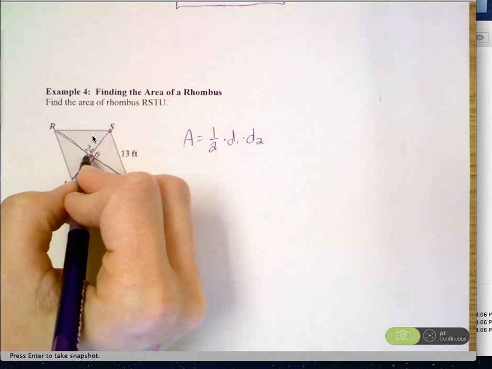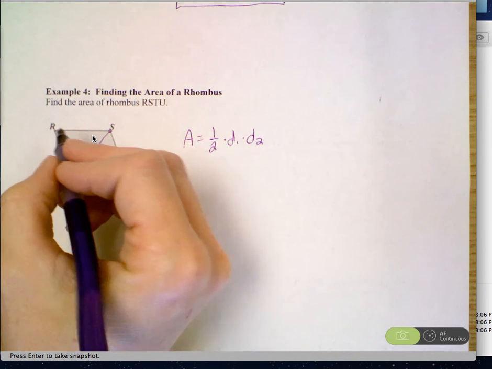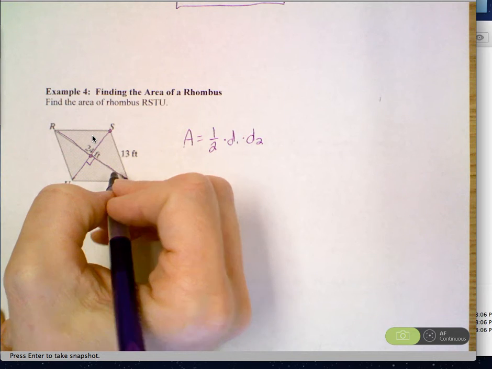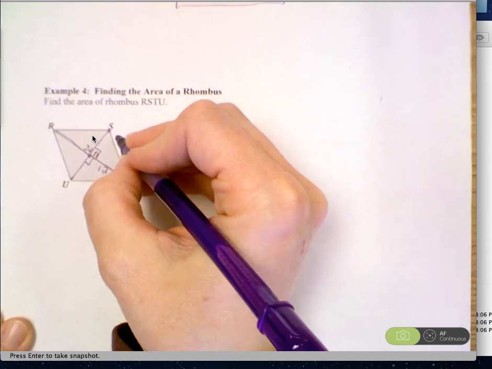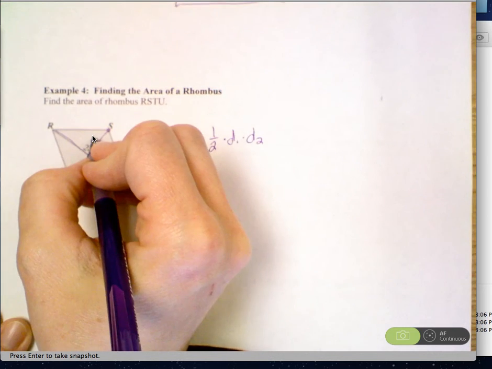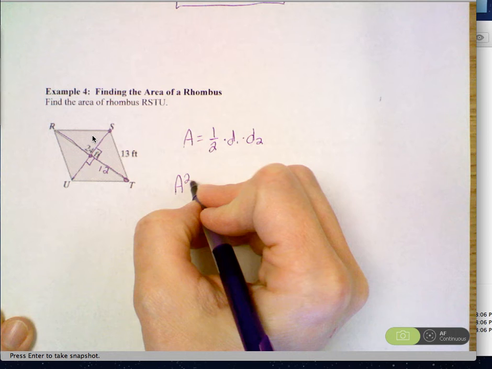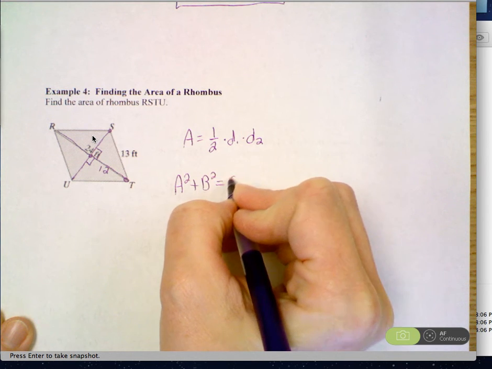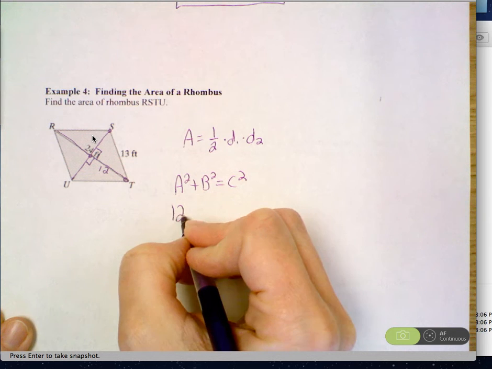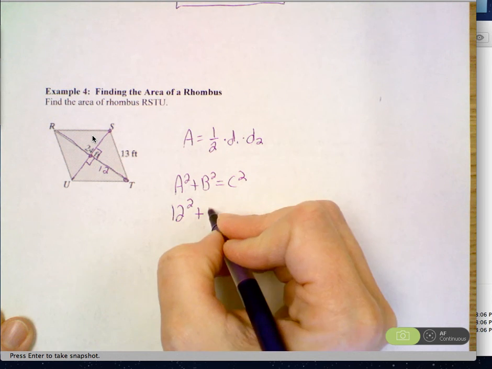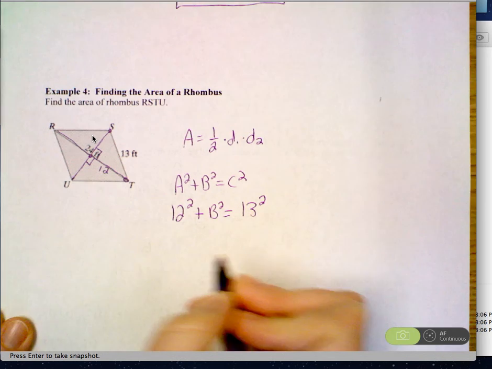We know that, since it's a parallelogram, the diagonals bisect each other. So since RT is 24, we know half of that is 12. We know the hypotenuse is 13. We need to find the third side. So again, we can use the Pythagorean theorem. We do a squared plus b squared equals c squared. Your a is 12, which is a leg, so you get 12 squared plus b squared equals your hypotenuse squared.